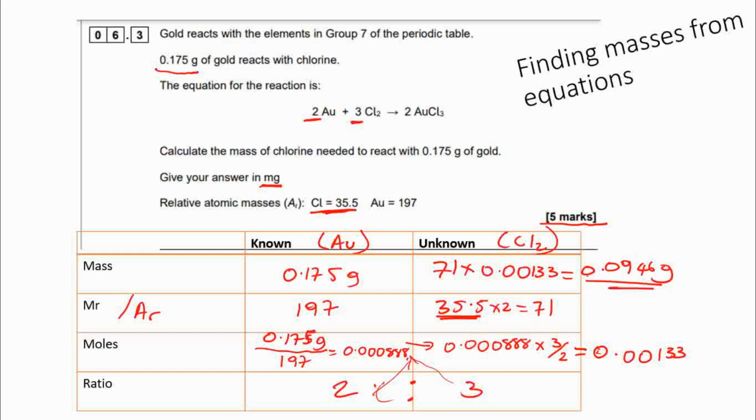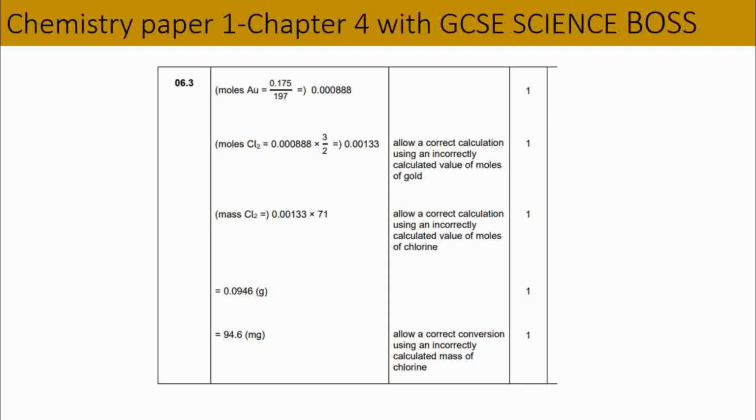But remember, the question said they wanted it in milligrams, so I have to times my answer by 1,000. Apologies, times my answer by 1,000, as it's grams to milligrams, and therefore this is going to become 94.6 milligrams. Okay, good. So have a look at that, pause the video, look at what I've done. Here is the mark scheme.